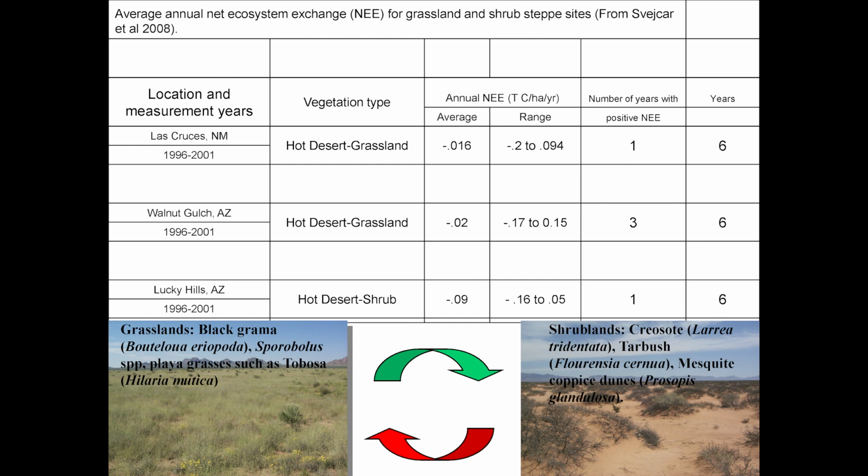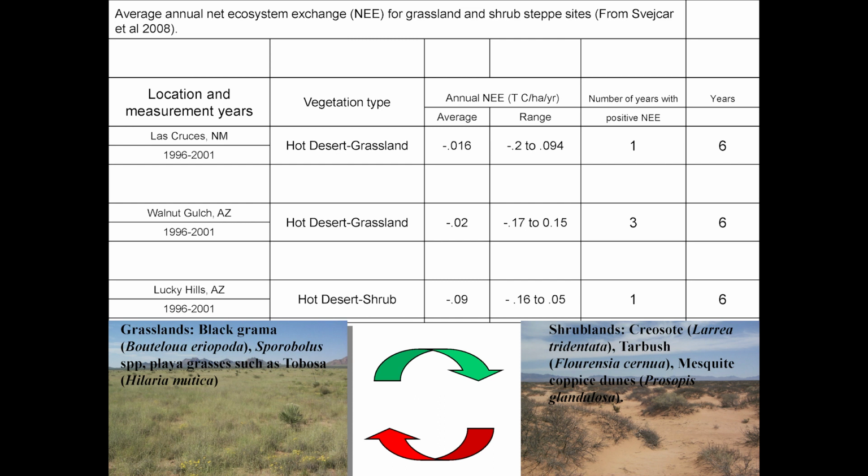The average over that 6-year period, that site lost less than 1/10 of a ton per year of carbon. That was a pretty average set of years. We actually had one year that it gained carbon, but less than 1/10 of a ton of carbon per hectare per year. And the important thing there, I think, is that only in 1 year out of 6 did we have positive ecosystem exchange.